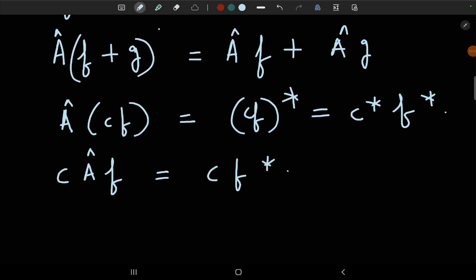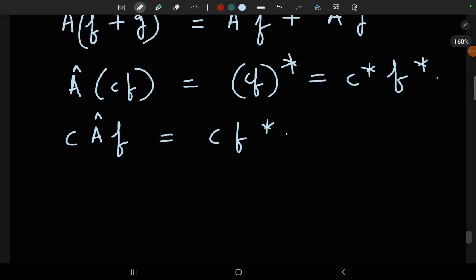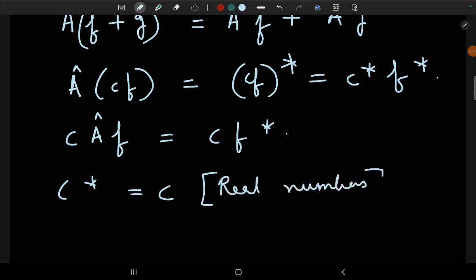But are the two sides of the equation equal? They can be equal, provided c star equals c. That is, the complex conjugate is equal to the complex number. This is only valid if we take real numbers, right?